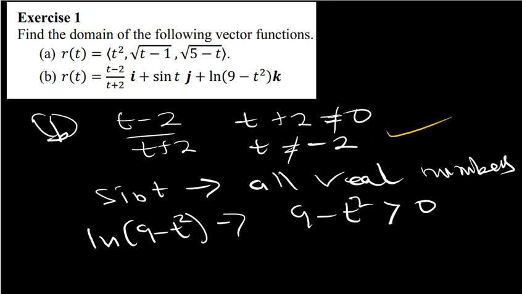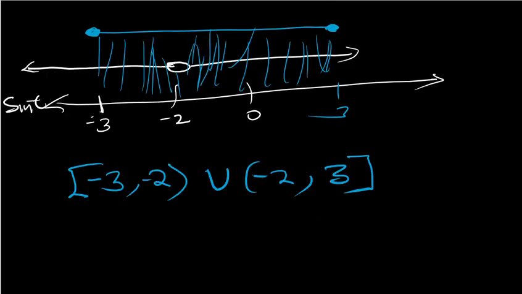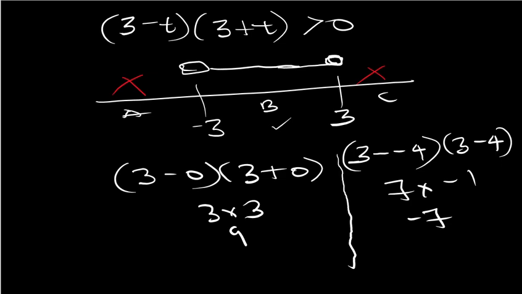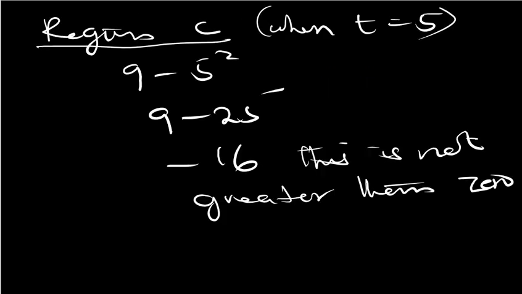So we'll combine this with the results of the all real numbers and the results we obtain from this quadratic inequality. We shall do that using the number line. Okay, so let's proceed.